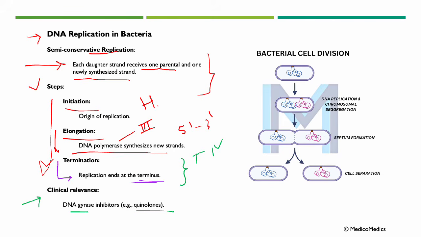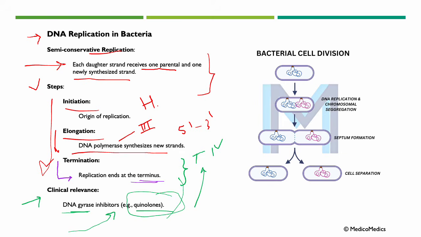However, the clinical relevance here is that medicines like ciprofloxacin target this DNA gyrase, the topoisomerase, and inhibit it. This leads to the prevention of supercoiling and therefore bacterial death.